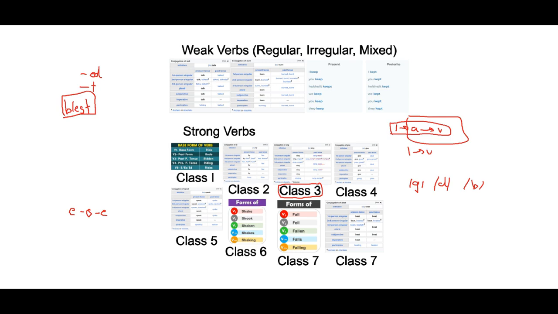It's actually through reduplication, where a syllable is repeated.